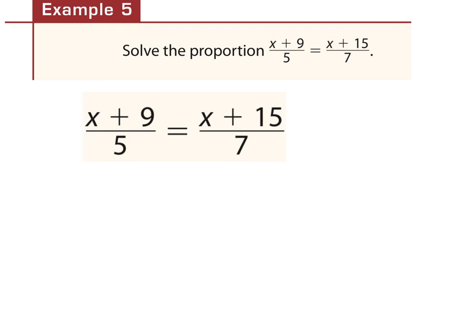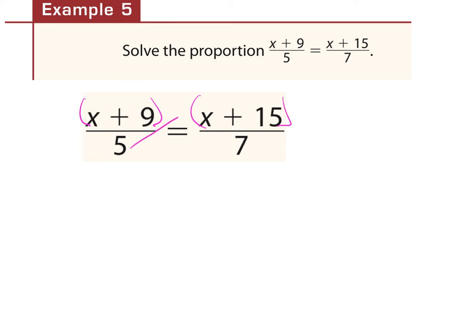There's nothing pretty about going from 5 to 7. You're going to have to multiply by a decimal, okay? The other issue here is my numerator has a plus or minus in it. So remember, when you have a numerator with a plus or minus, those are technically grouped, all right? So when you're doing something like this, you really must do cross multiplication, all right?